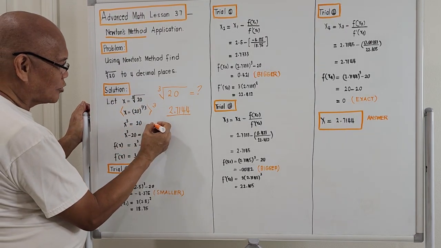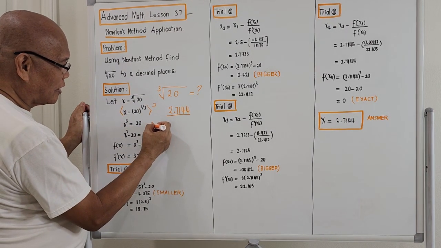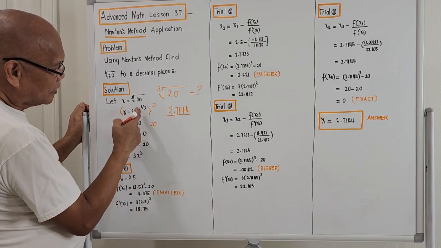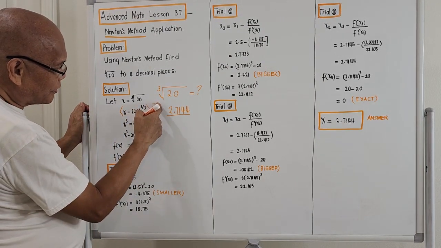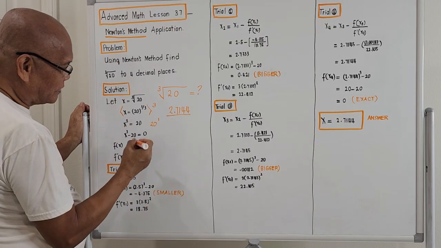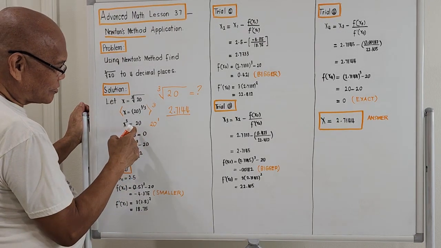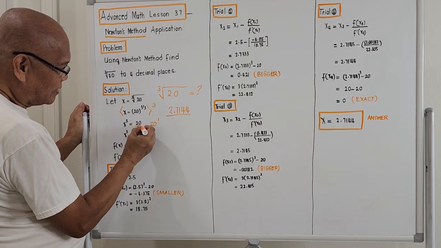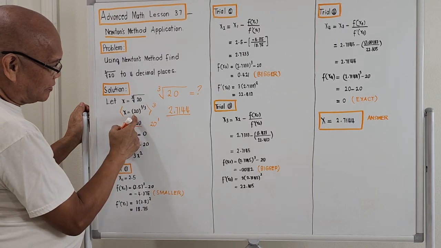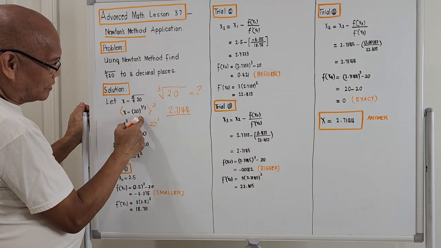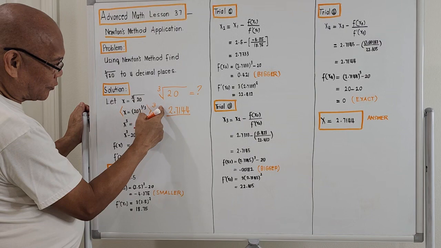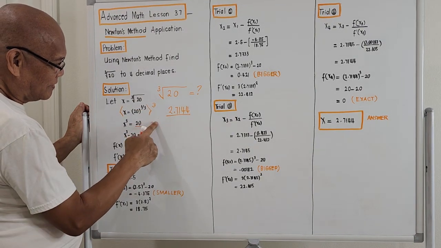We will be using laws of exponents over here. So it becomes 20 to the power 1/3 times 3, which is to the first, or just simply 20. Meaning 20 raised to the 1/3, raised again to the third power, will be simply 20.